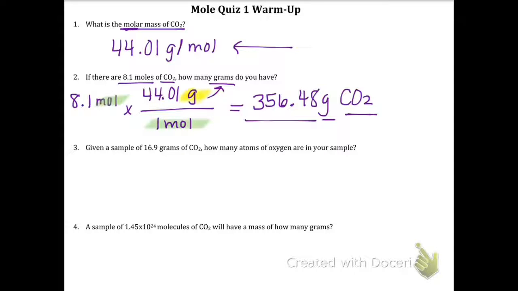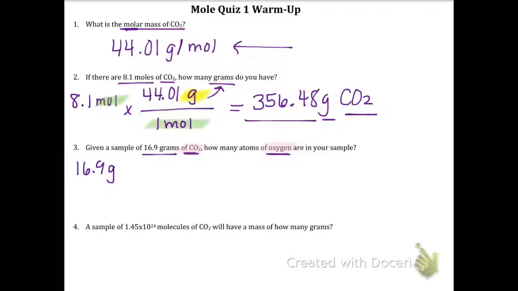Okay, number 3 is a little tricky because you are given this 16.9 grams. But you have to pay attention because it's a compound, but the final answer is an element. So you have to be wary because you have an extra step in the end. Compound to element means there's an extra step.